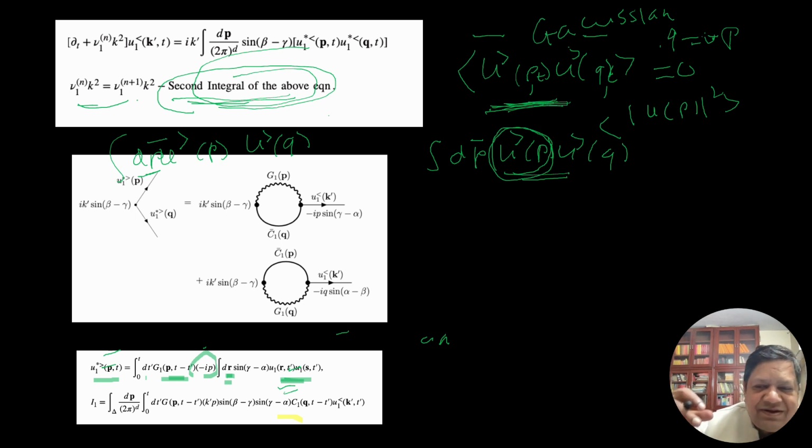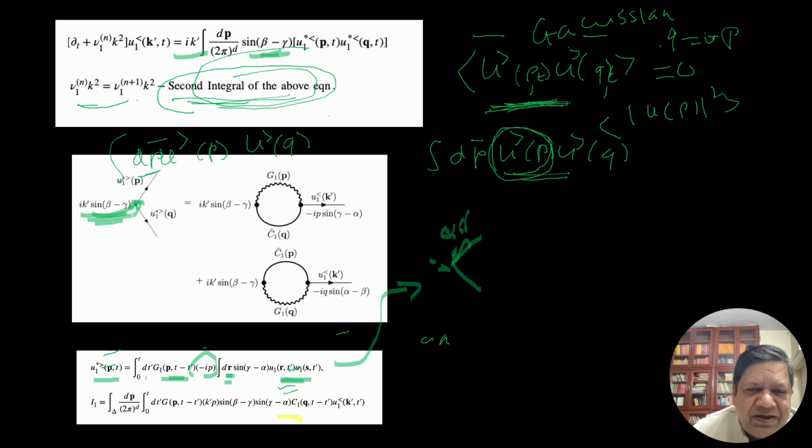So we write U P, the solution for U P, in terms of more variables. This object is written in terms of Feynman diagrams like this. This Green's function is written as, remember we had two of these guys, this called the vertex, and this object is this i k prime sine beta minus gamma. This is what I have written here, and this is u of p.